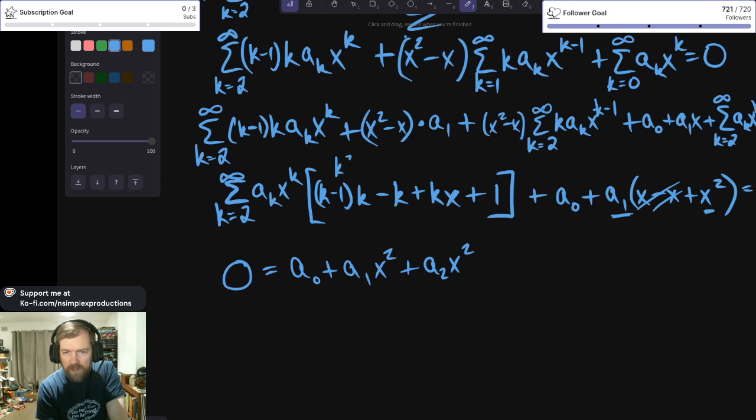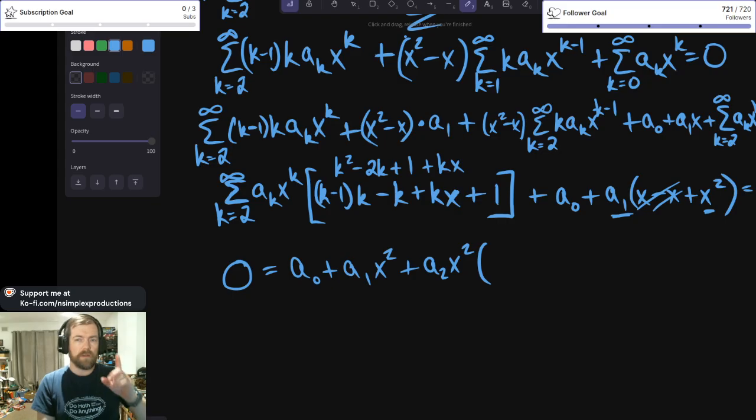This is going to be k squared minus 2k plus k, and let's go 1 first, plus 1 plus kx. Okay, so this is a sub 2 times x squared times, the constants are going to be k equals 2, so we could also make this again k minus 1 squared for this part.